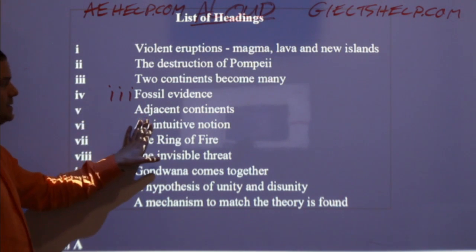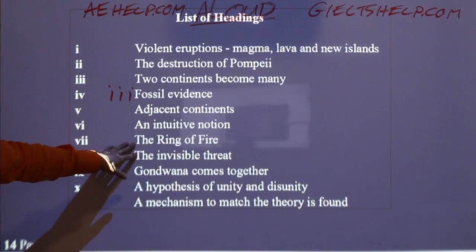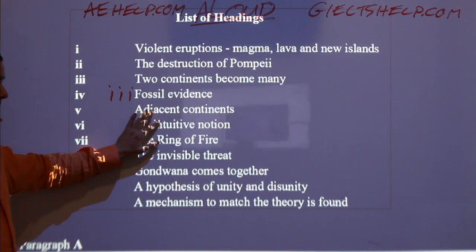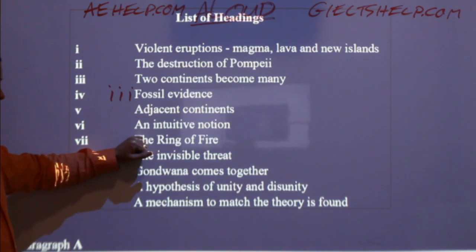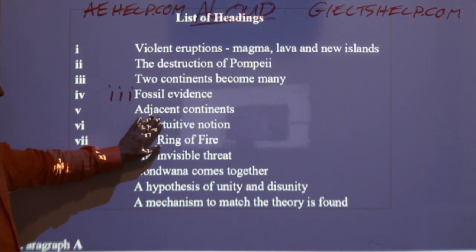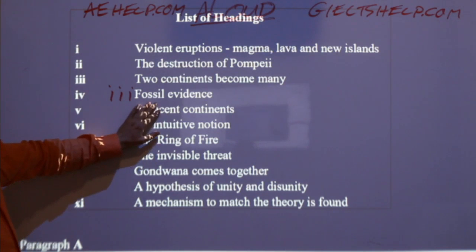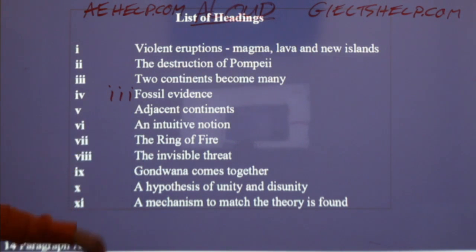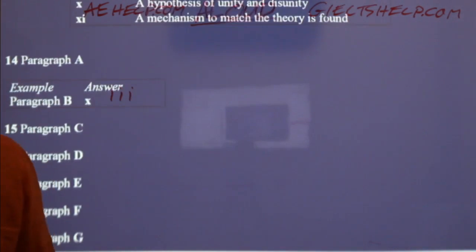Adjacent continents, there's some information about that, but it's not what the paragraph is about. That explains the idea of adjacent continents, but it's about the fossil evidence. Intuitive notion, no. Ring of fire, no. Invisible threat, no. So let's keep it simple. Let's stick with number 4, okay?